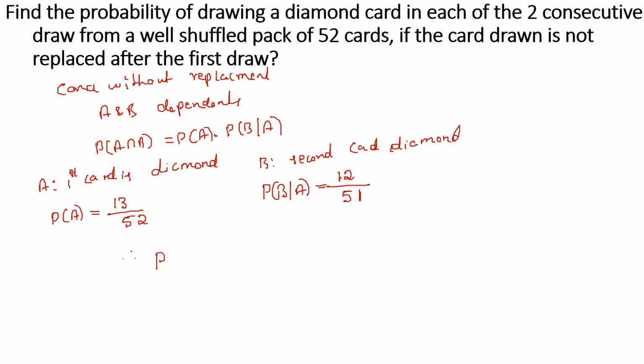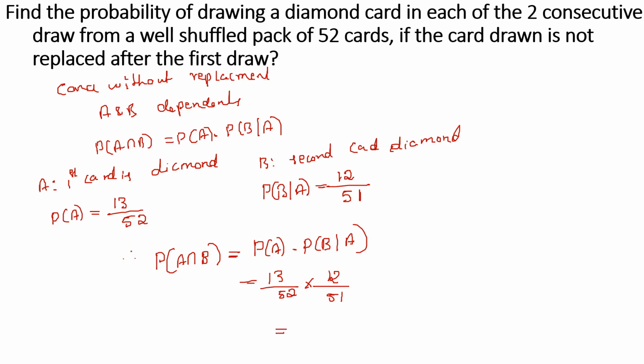Therefore, probability of first card is diamond and second card is also diamond, A intersection B, is probability of A into probability of B given A, which will be equal to 13 divided by 52 into 12 divided by 51.